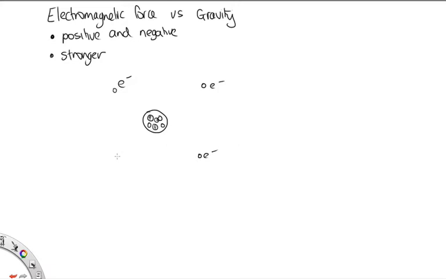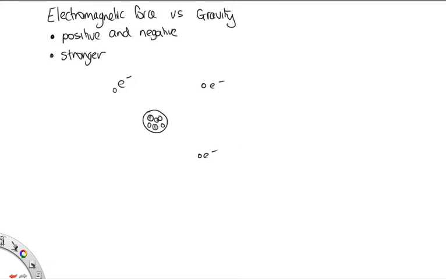Later you're going to be looking at why these electrons don't fall into the nucleus, if these are negative and these are positive, and there's a strong electromagnetic force attracting them. It comes down to quantum mechanics. Heisenberg's uncertainty principle won't actually allow them to fall into the nucleus. And another question is, why doesn't this nucleus fall apart if we've got lots of positive charges here and the electromagnetic force is very strong?